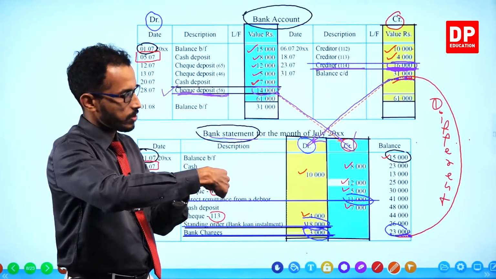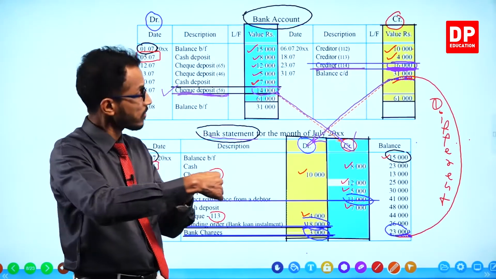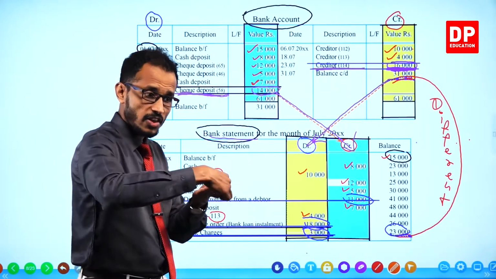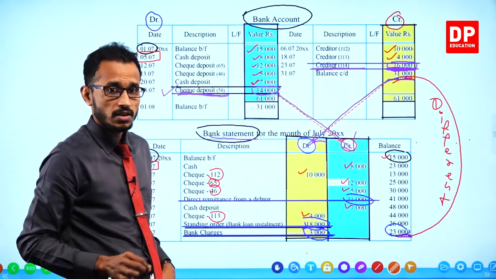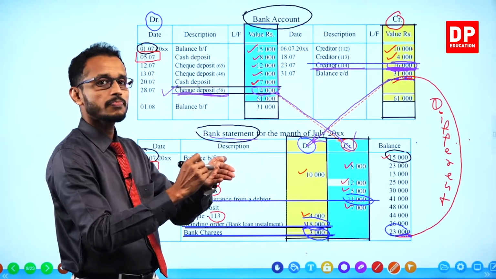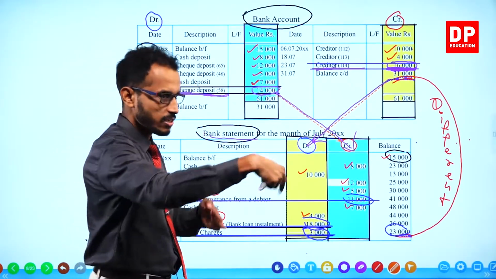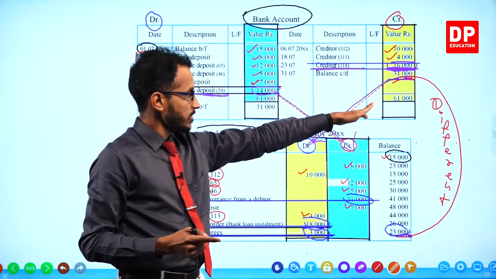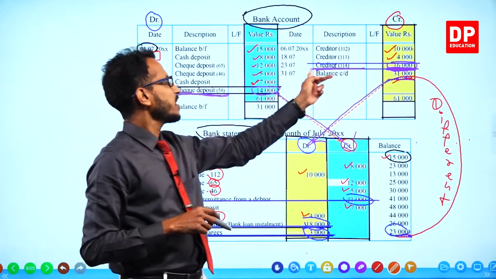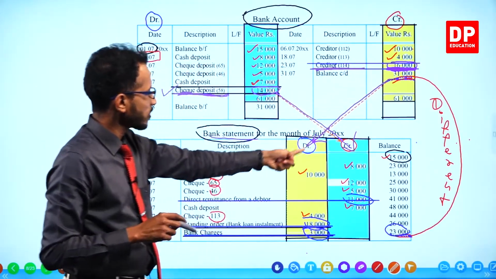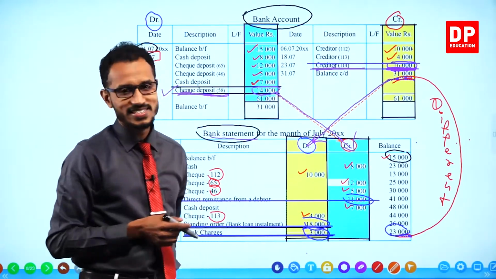We have paid 16,000 to a creditor. We have paid from our checkbook. We have written a 16,000 check. And we have issued that check to a creditor. But it is not appearing in the bank statement. Which means we have issued but not presented. So they are unpresented checks.